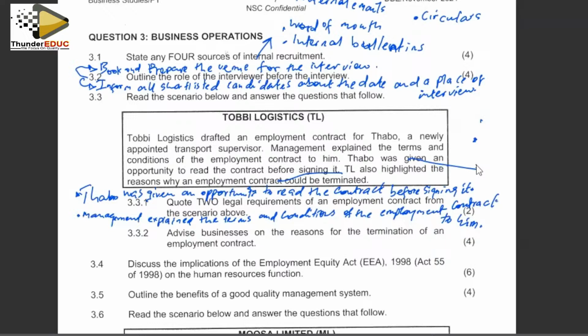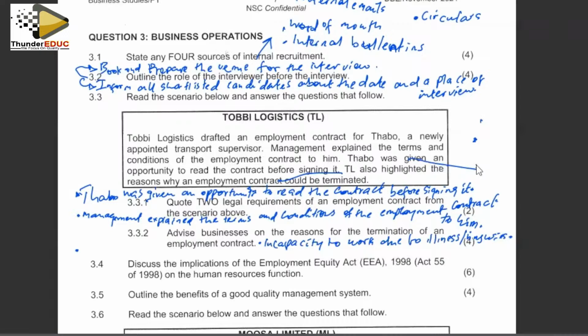An employment contract can be terminated if employees decide to leave and resign voluntarily, and also if there is incapacity to work due to illness or injuries. You are saying that incapacity to work due to illness or injuries. Okay.